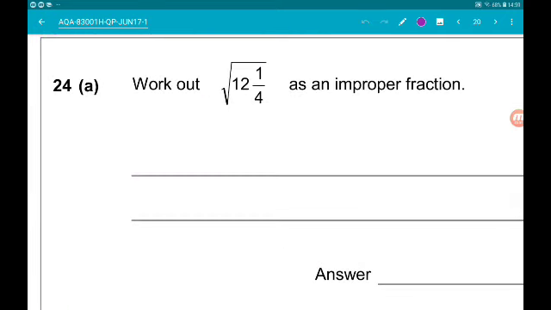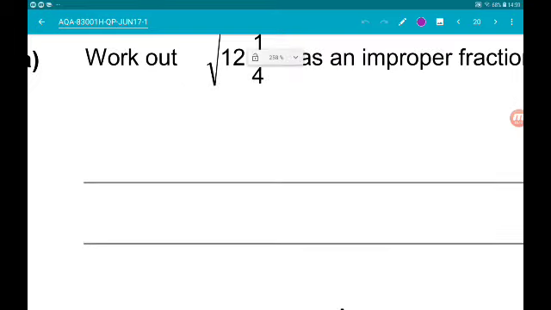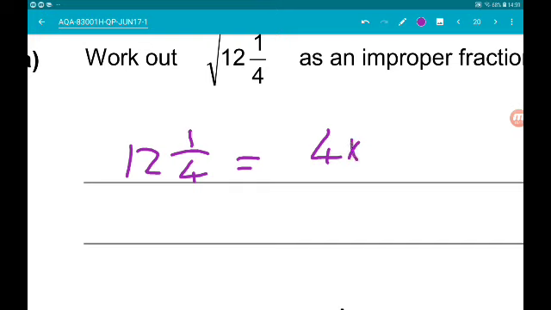4a wants us to work out the square root of 12 and a quarter as an improper fraction. So, ignore the square root, first of all. 12 and a quarter is equal to 4 times 12, add 1 all over 4.